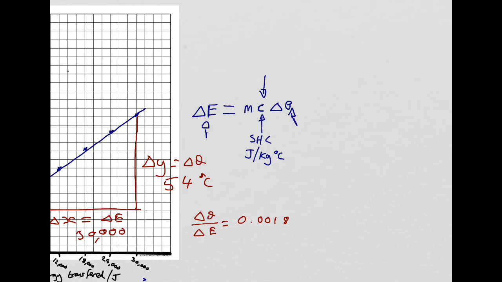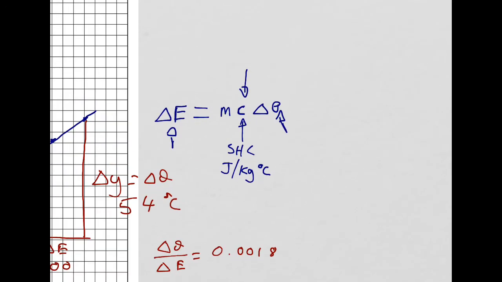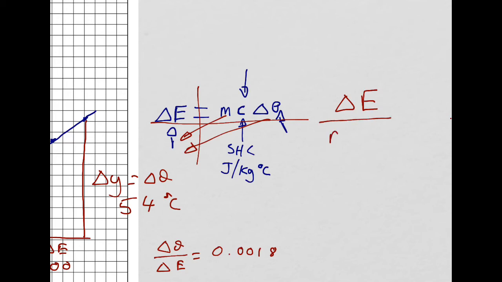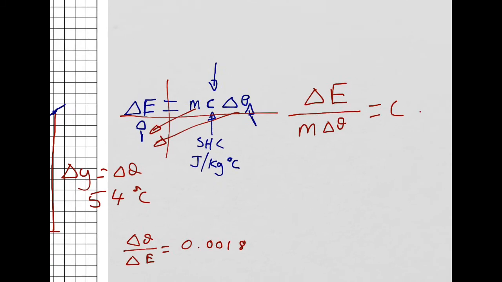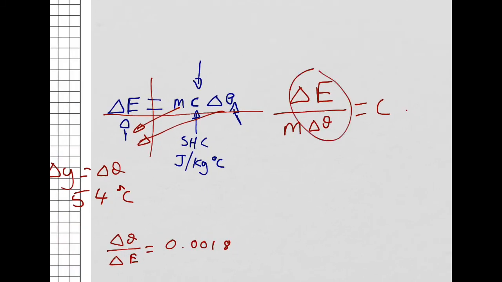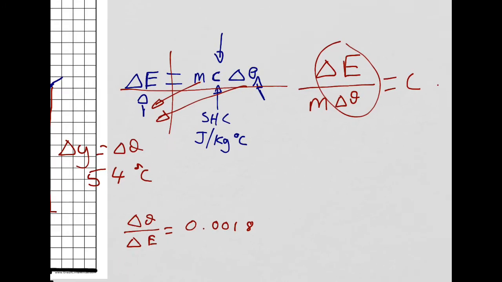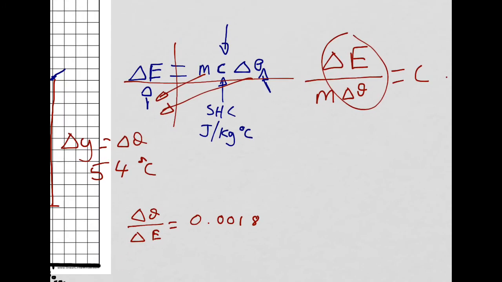So let's rearrange this equation to get C. What I can do is move M. You can only move these things diagonally. So I'm going to move M down here. I'm also going to move delta theta down here. So I end up with an equation that looks like this: delta E divided by M delta theta is equal to C. So we've already got this bit here, except instead of delta theta over delta E, we want delta E over delta theta.